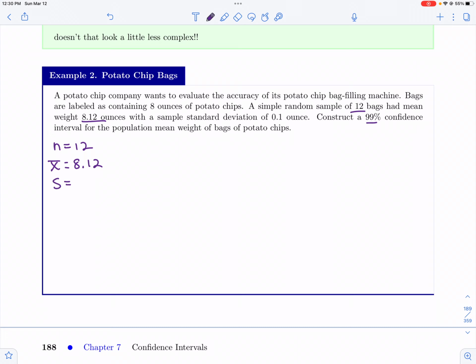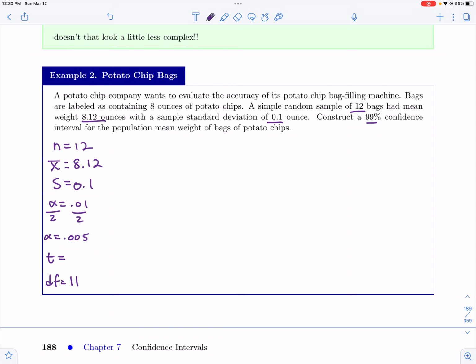Our sample standard deviation is 0.1, and we want to construct a 99% confidence interval, so our alpha is going to be 0.01, which means in terms of finding our t-score, we want to think of this as 0.005. And our degrees of freedom, of course, is going to be 11.